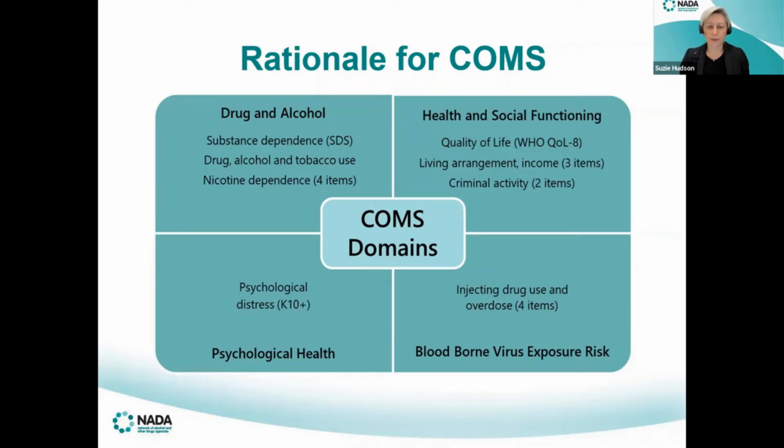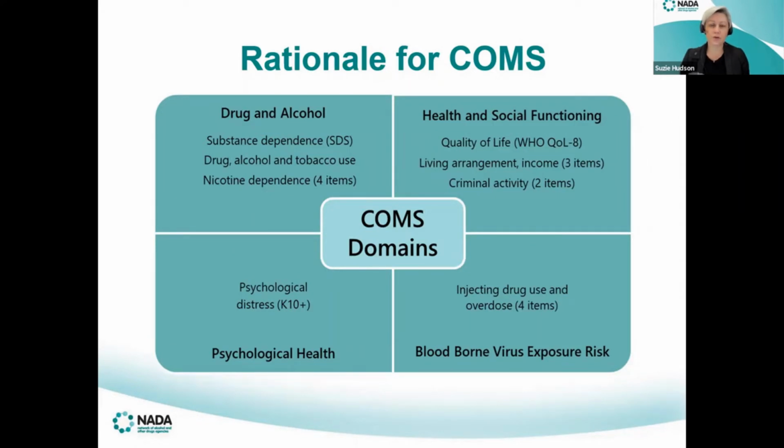The other domain was health and social functioning. For that, the quality of life measure, the WHO Quality 8, was selected, once again looking specifically at general health and wellbeing. Then there were some particular items selected from the BTOM, the Brief Treatment Outcomes Measure, which has been used in Australia for a considerable period of time and is still often used in relation to people who are receiving pharmacotherapy.